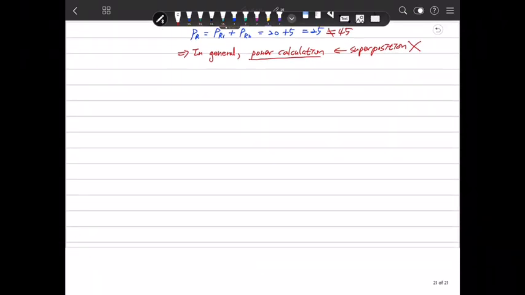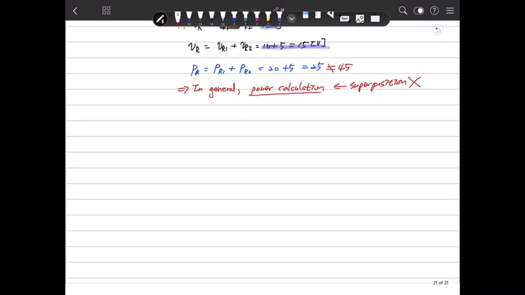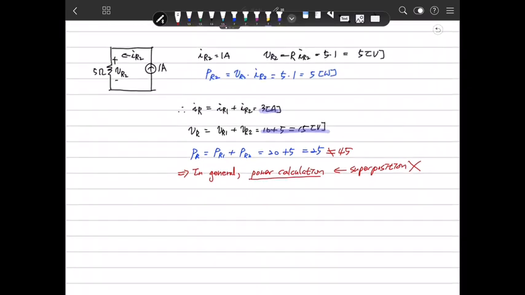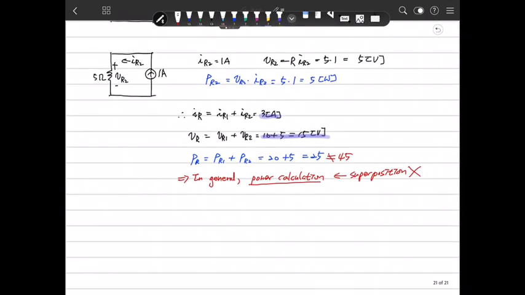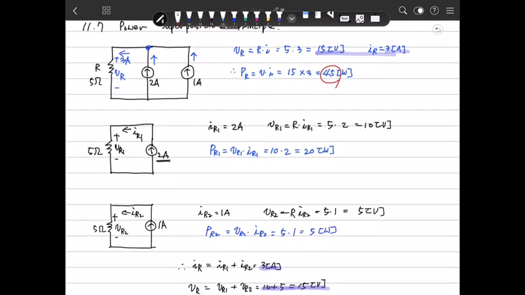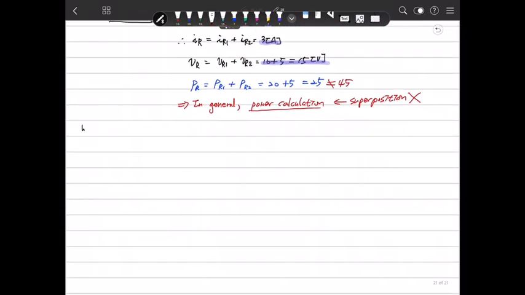So I have a simple review about why it is not proper to apply the superposition to calculate the power. For example, this is an example. I will give you a simple proof here. Why?